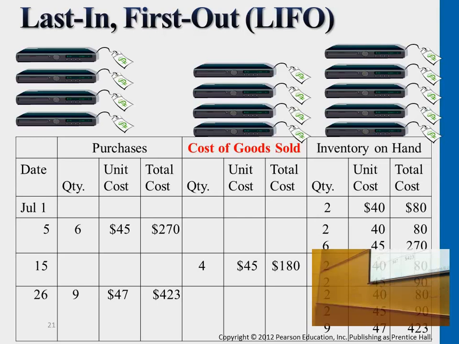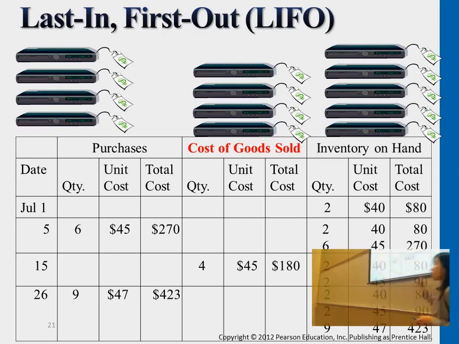Did the number change? Total cost of goods sold expense and ending inventory, if you add them together, what's the number? It's still 773. Okay, so this tells us what?